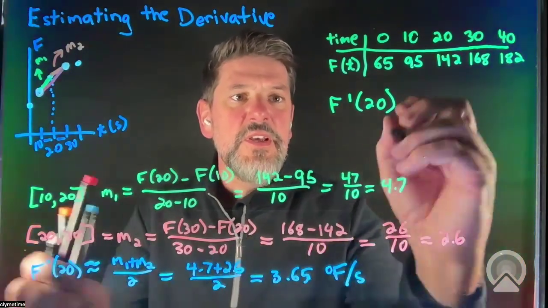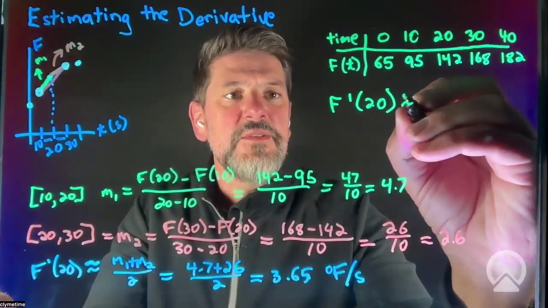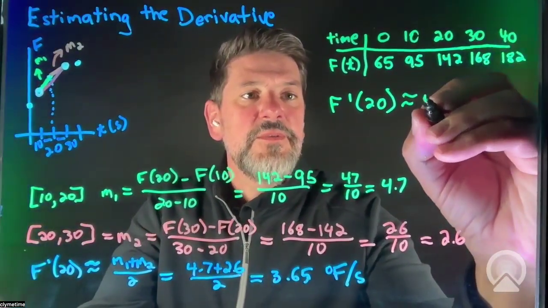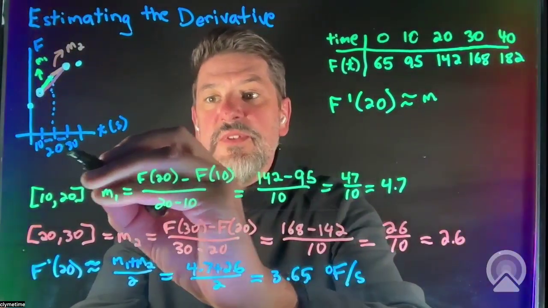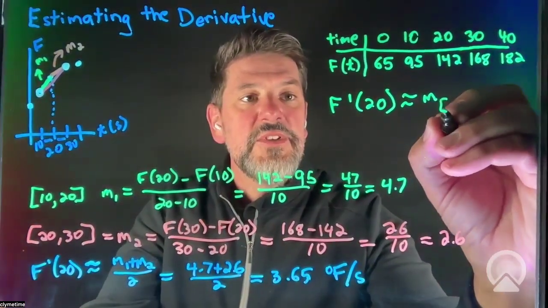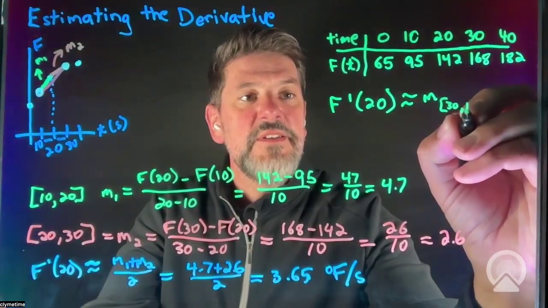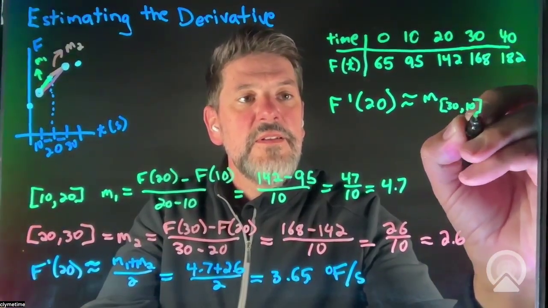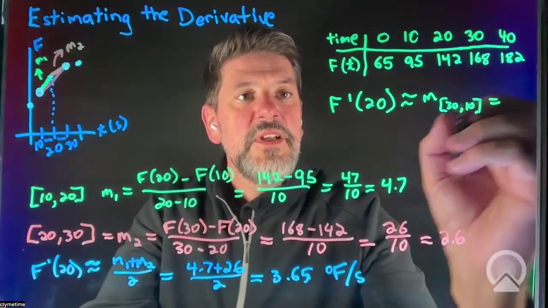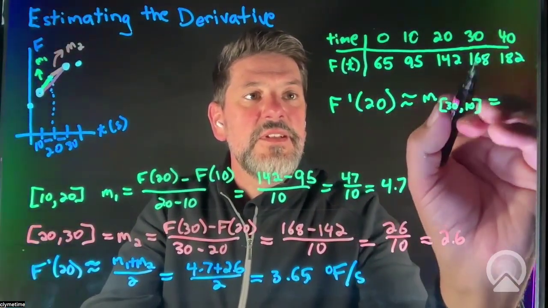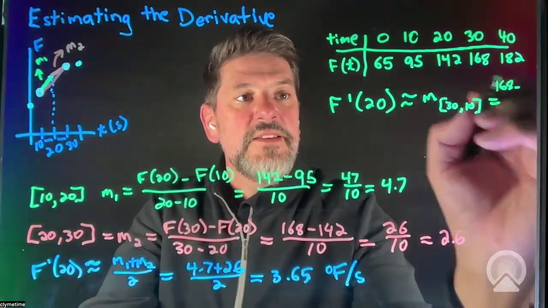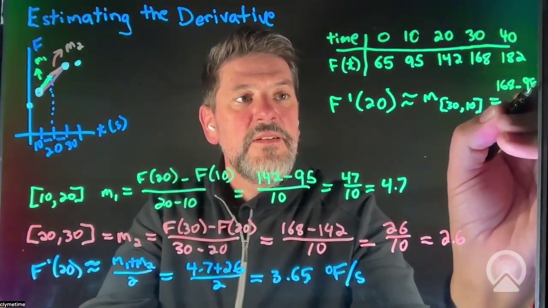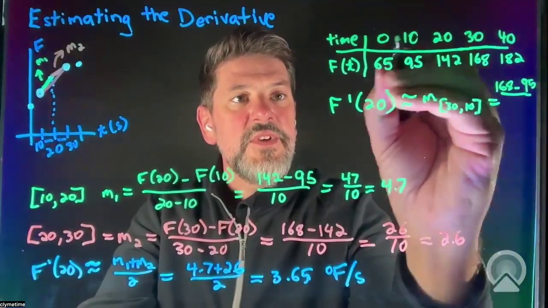So f prime of 20 would be approximately equal to finding the slope from 30 to 10. I'll put a little subscript here, 30 to 10. It would look like this: 30 is 168, 10 is 95, and the difference between 30 and 10 is 20.